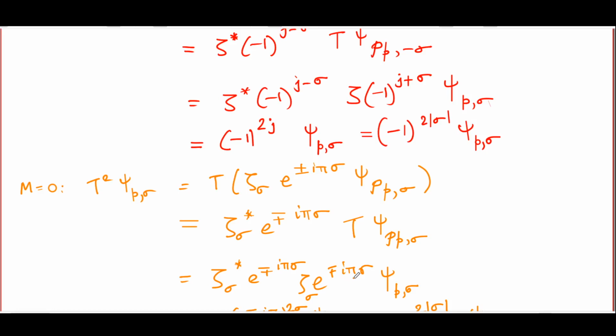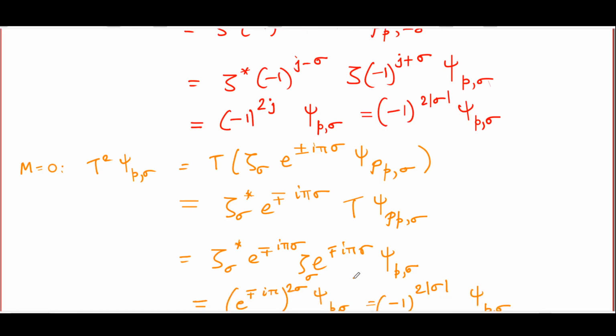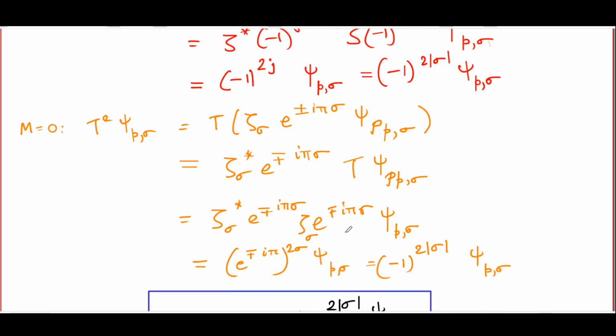Now once again, zeta sigma being a pure phase cancels with its complex conjugate, and you are left with e to the minus plus i pi to the power twice sigma. And that you can easily write down in the form minus 1, that's of course e to the minus or plus i pi, to the power twice mod sigma.